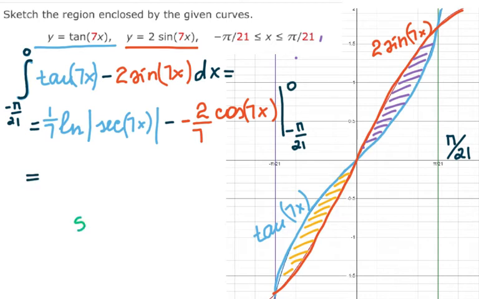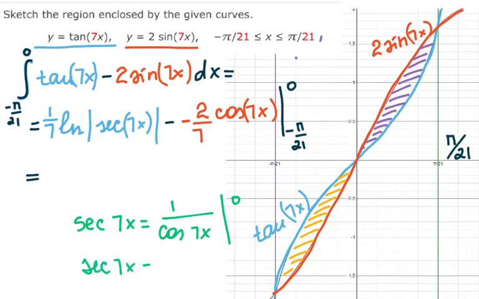So secant of 7x is the same as 1 over cosine of 7x. If I plug in a 0 right here, then I would have secant of 7x as 1 over cosine of 0, which is 1. So that would give me a 1.